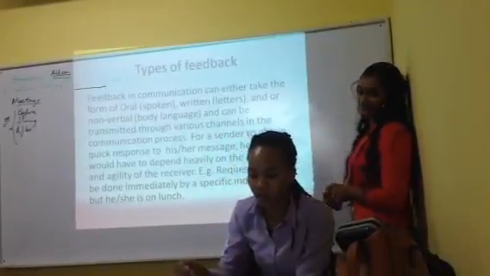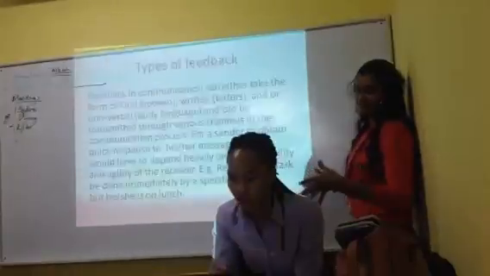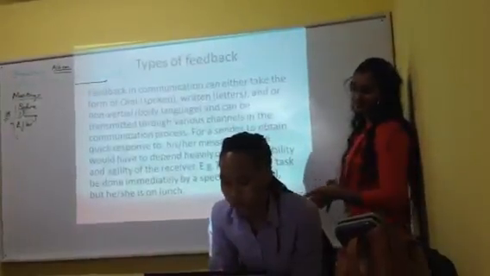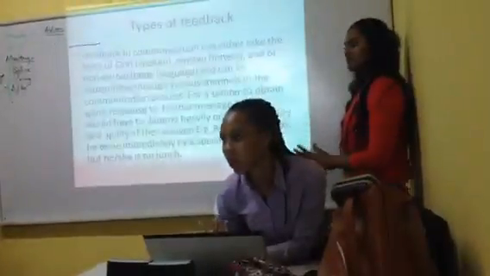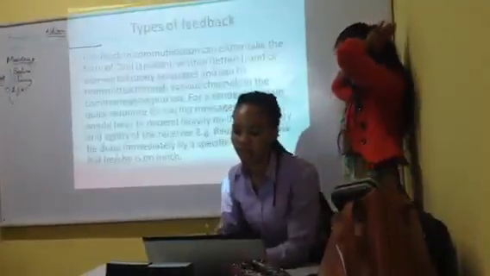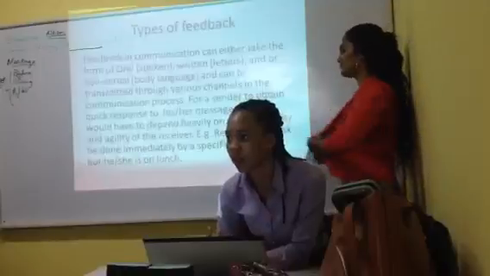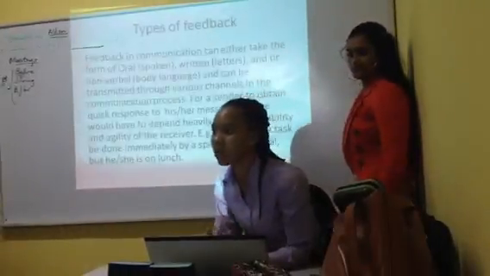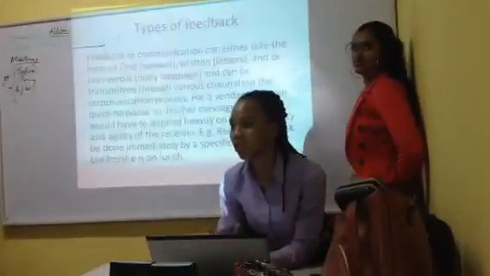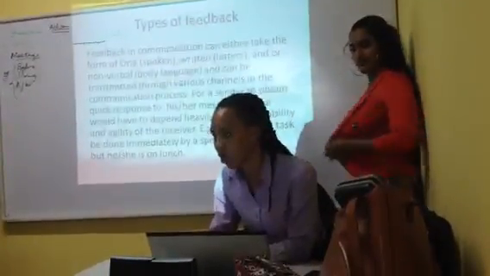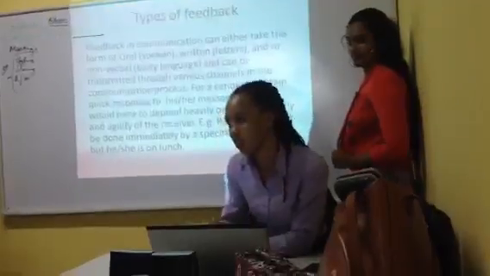Right, so feedback would have to depend on the availability of the person and also the time, the period in which the task was required or requested. So if your manager asks you to go over to head office to collect some files, but you know your lunchtime is at 12 o'clock, but he doesn't know that.